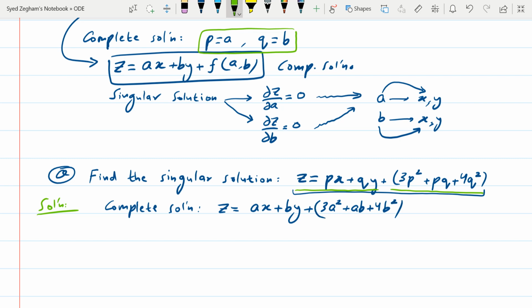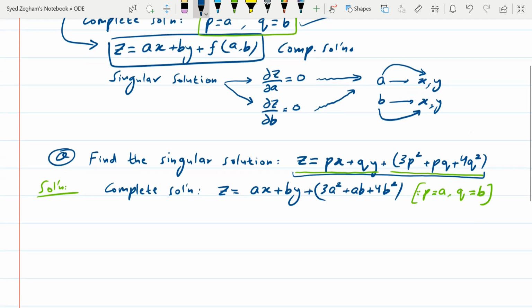And how are we getting this? Because we have simply substituted p equal to a and q equal to b. Okay, so this expression gives us our complete solution. So this part is done.